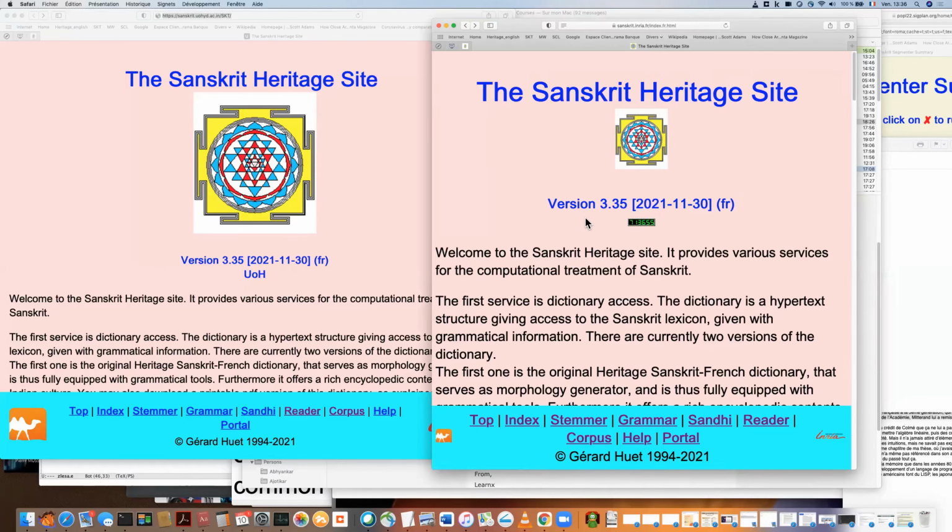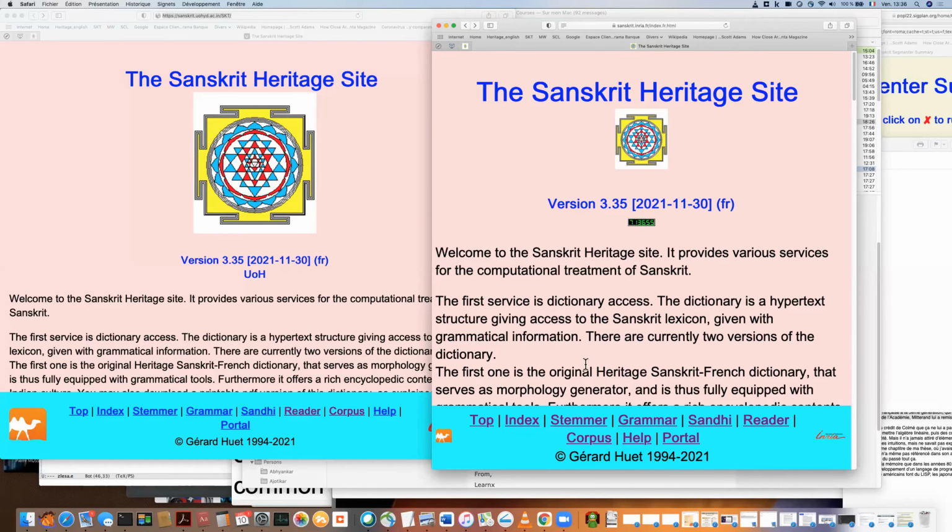It says FR, and it does not mean the page is in French, the page is in English. What it means is that the dictionary access is by default to my French dictionary. Okay, but you can change it to Monier-Williams in the reader, as we shall see.